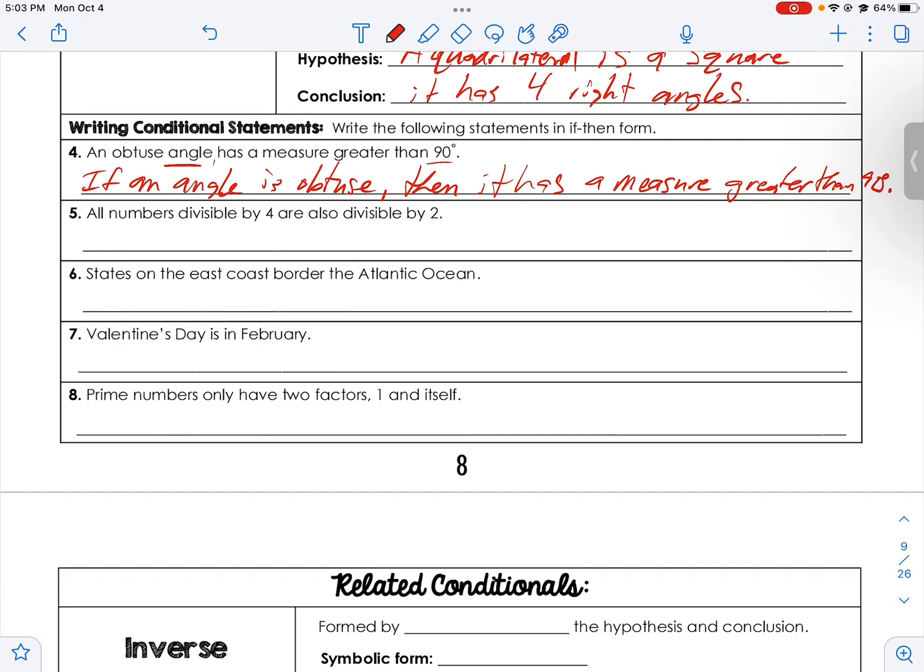Okay. All numbers divisible by 4 are also divisible by 2. So if a number, since we're talking about numbers, is divisible by 4, then it is divisible by 2.